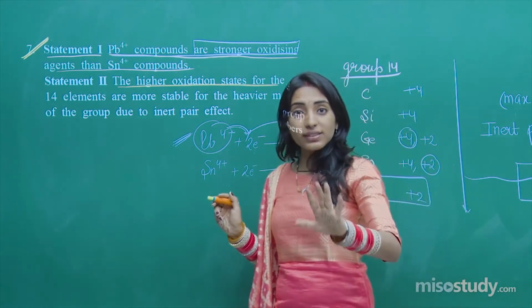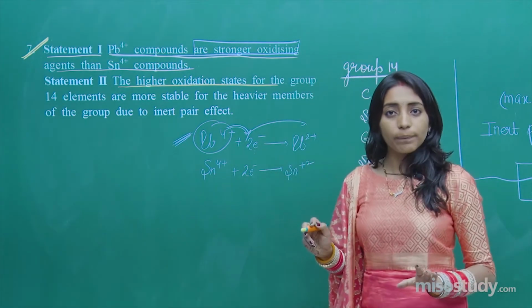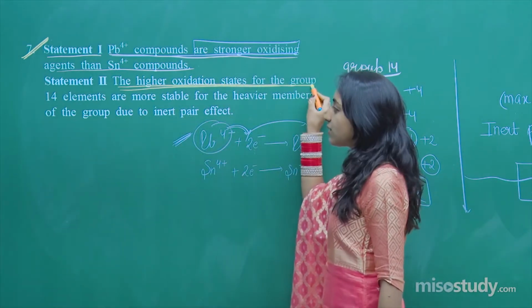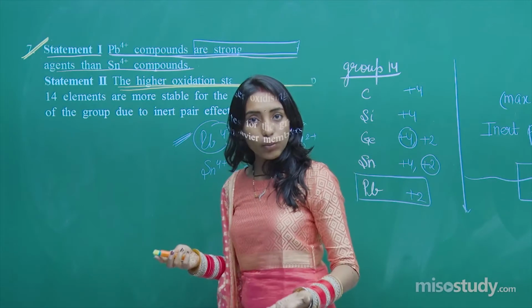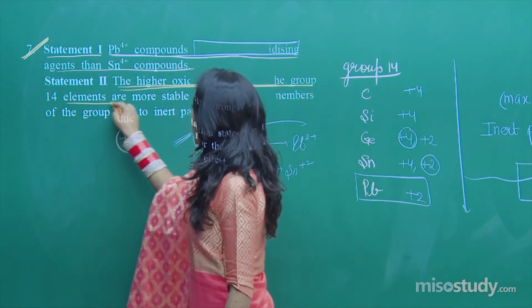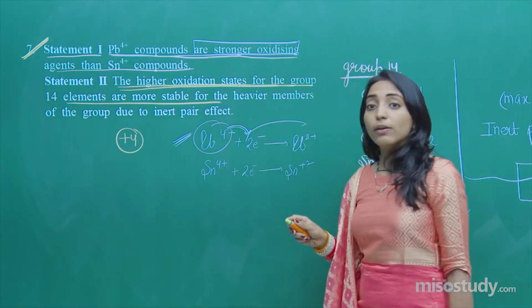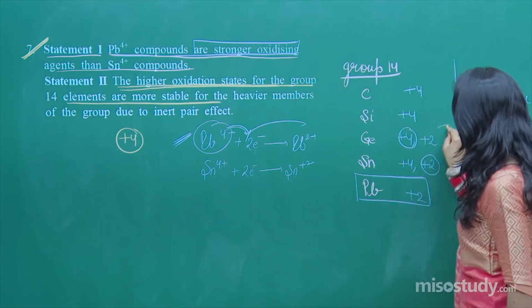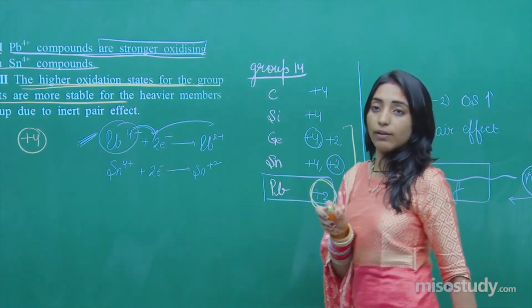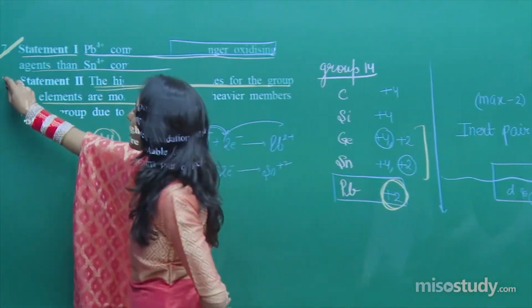This is a wrong statement. Let's read the statement again. The statement says that the higher oxidation state, that means the maximum oxidation state, which is +4, of group 14 elements is more stable for heavier elements. No, I am saying a lower oxidation state will be more stable for heavier elements. So statement number 2 is incorrect.